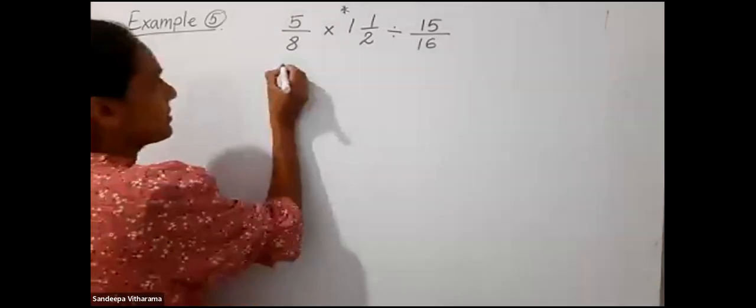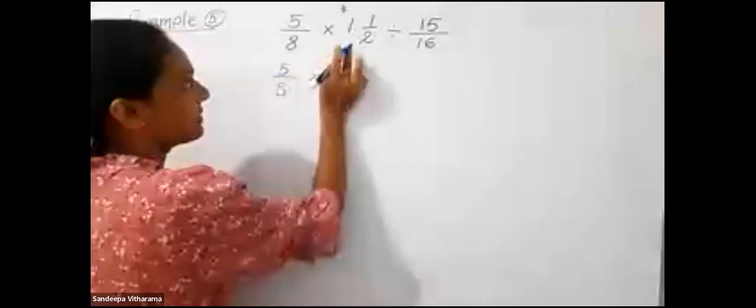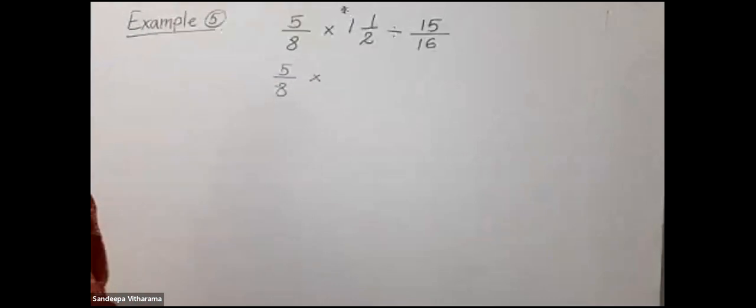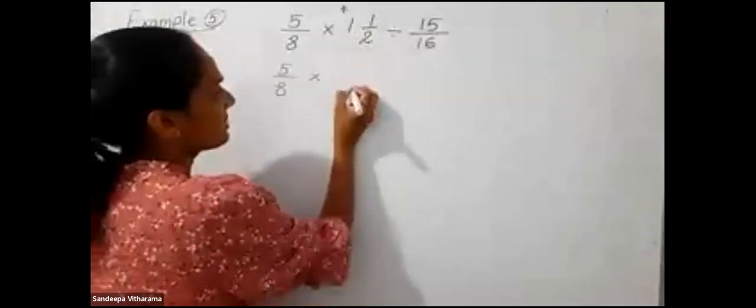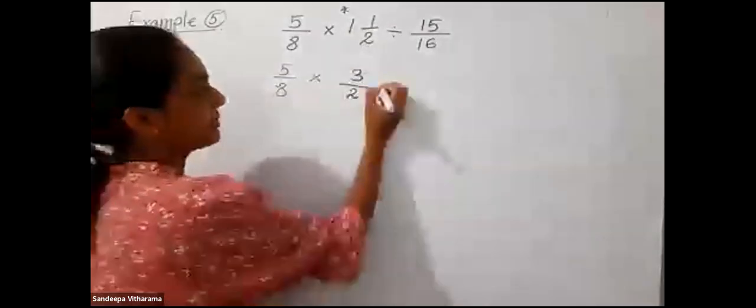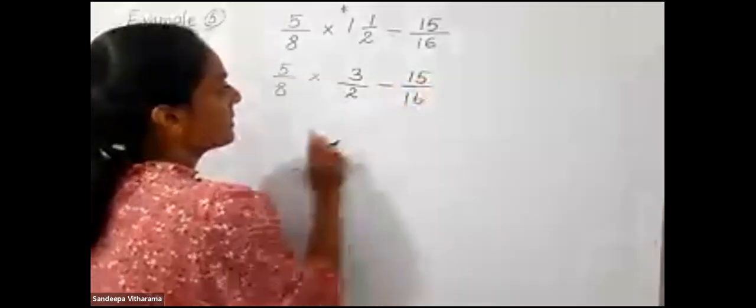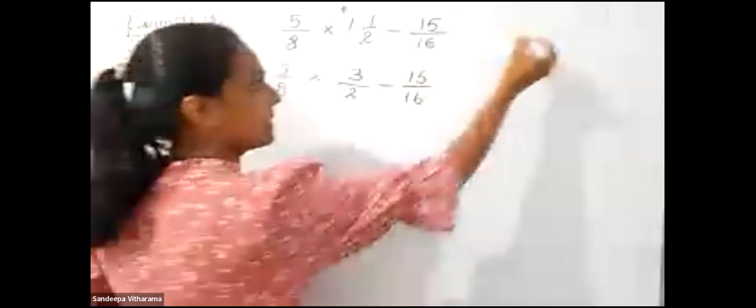It is 5 upon 8 multiply, convert the mixed number into an improper fraction. It is 2, 3 upon 2. Division 15 upon 16. Look at here, multiplication and division.